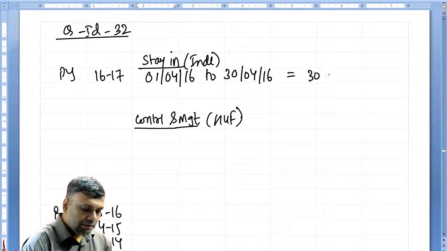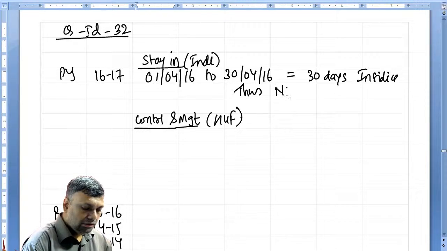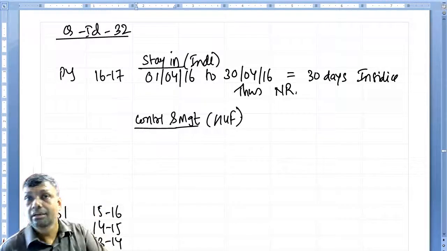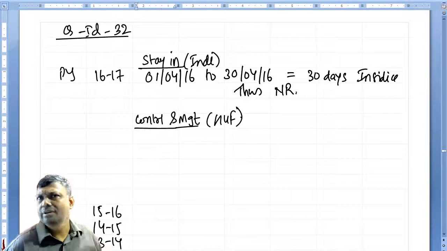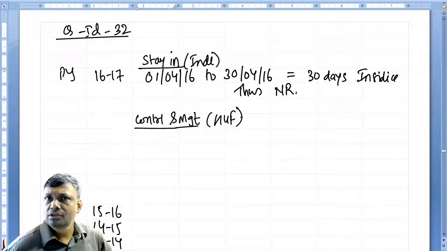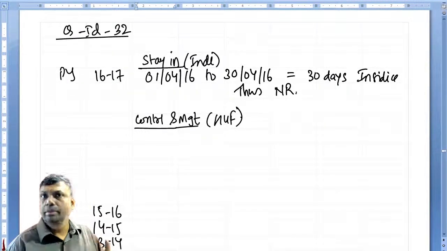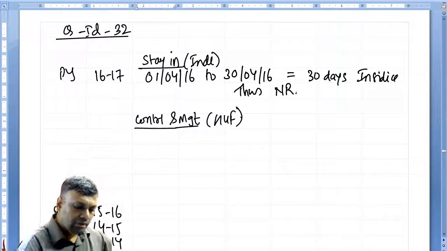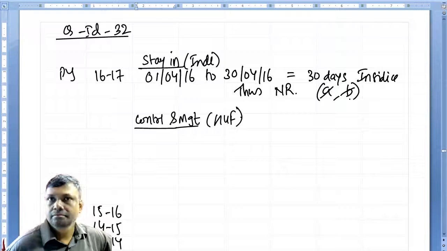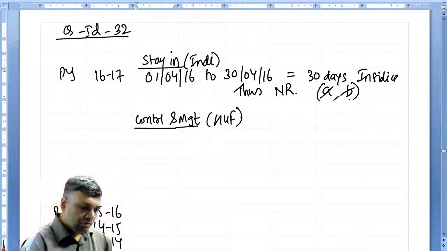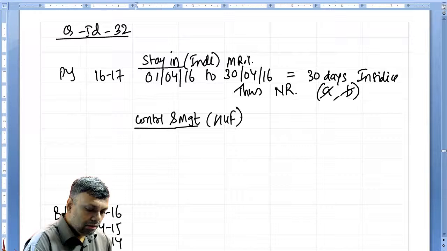So for 30 days, he is inside India. Thus, he is non-resident. But who is non-resident? The individual. Because it is less than 60 days, finished. Less than 60 days, no need to extrapolate the discussion further. So straight away it is 30 days, less than 60 days. That means neither A is satisfied nor B is satisfied. But that is for the individual, this is Mr. D, the Karta.